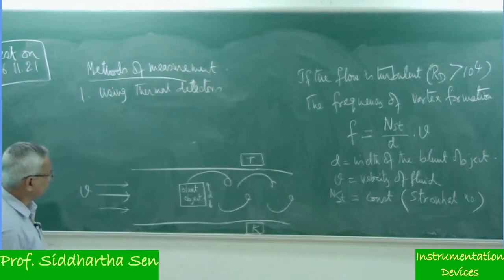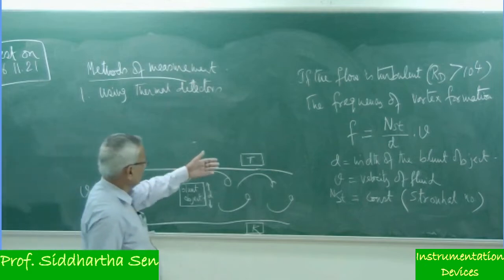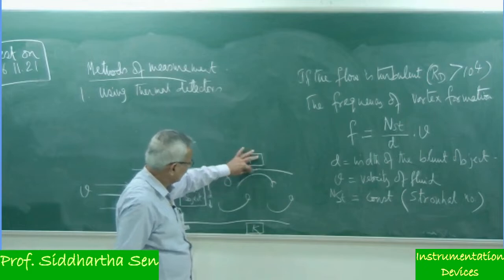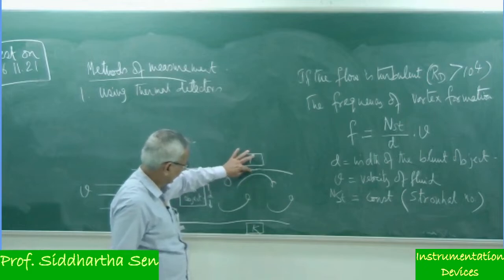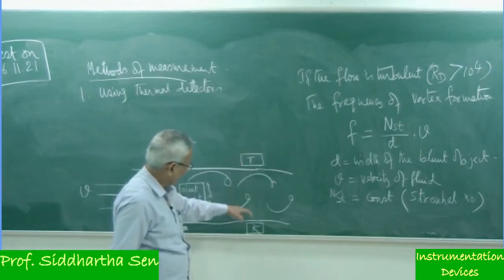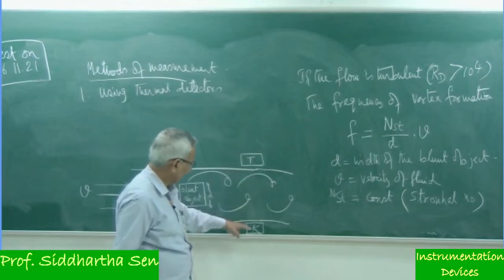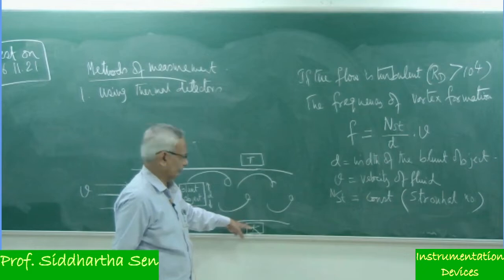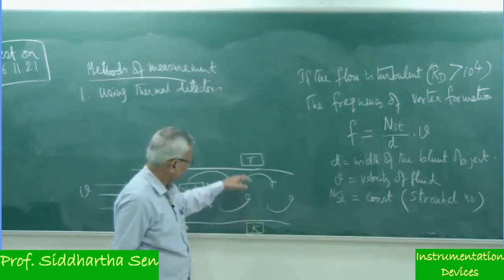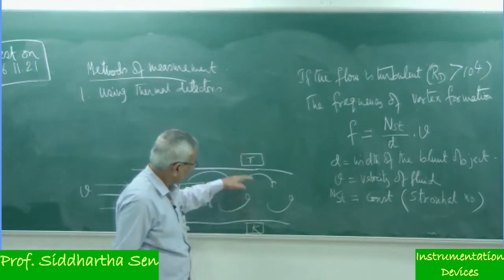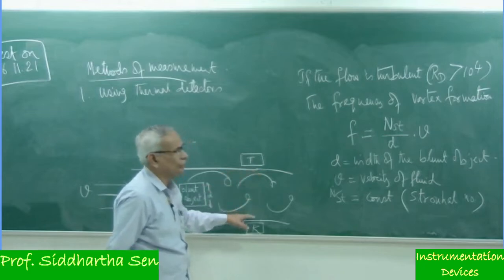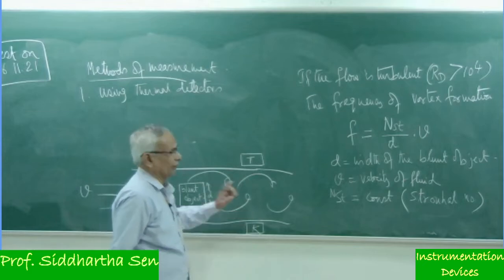Thermal detectors means basically you can have a small heater that will heat the liquid locally at this point, and that heat would be transmitted. If I put a receiver, that means a thermocouple or a temperature sensor, at this point, then with the vortex formation there would be a modulation of the temperature received here.